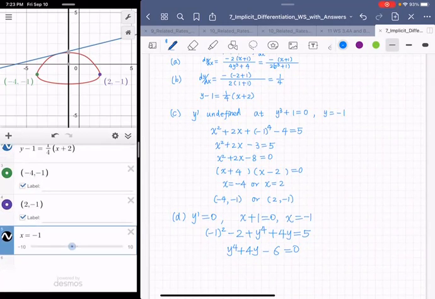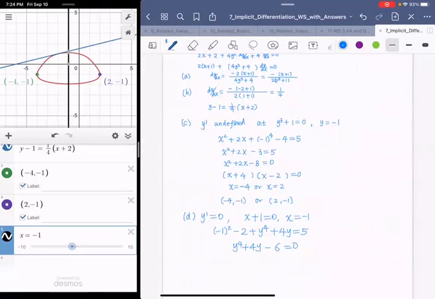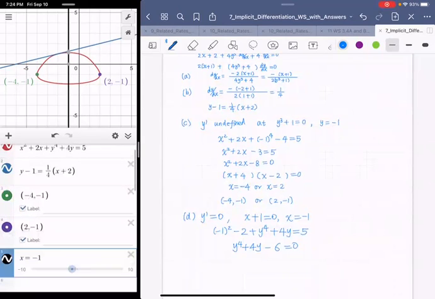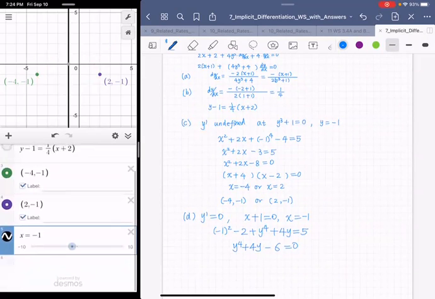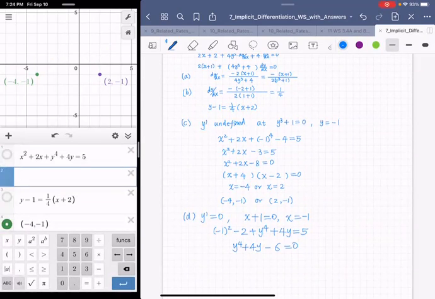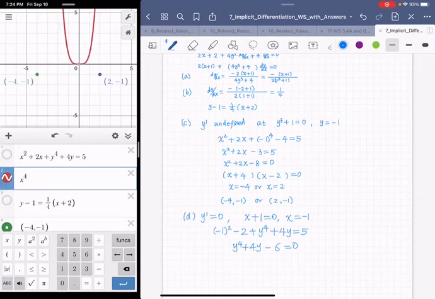How do we find out the y value? Is it possible if we draw this? If we want to solve x to the power of 4 plus 4x minus 6.